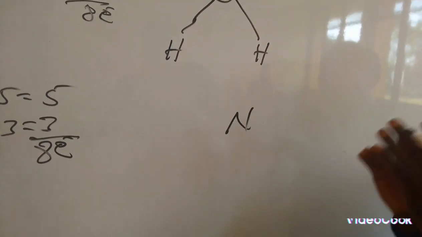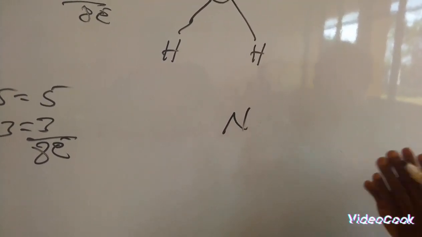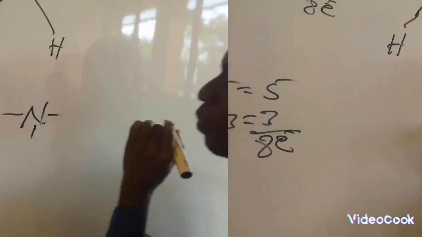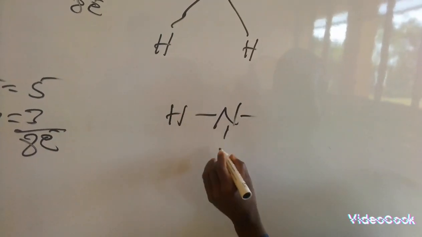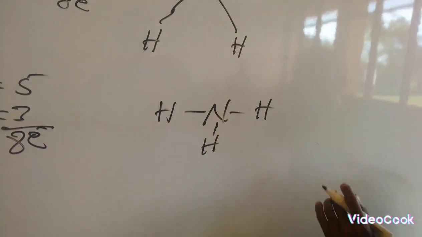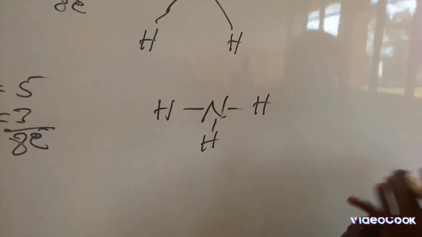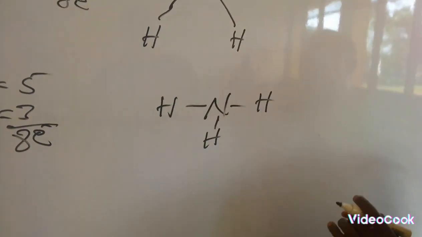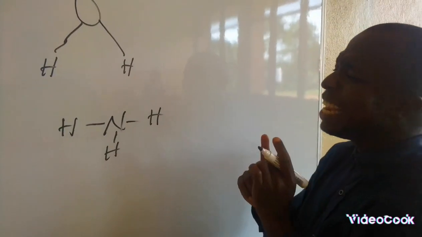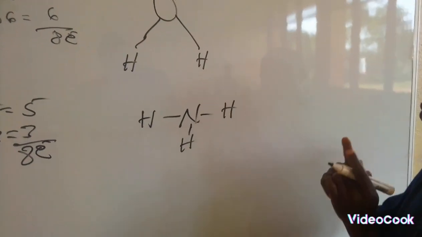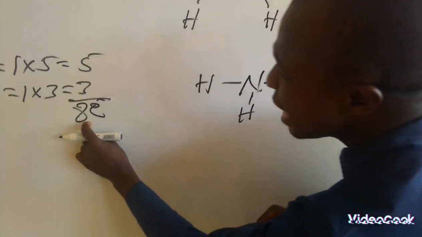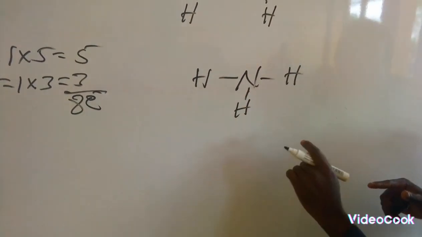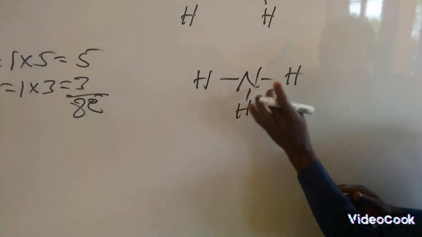Nitrogen has the ability to bond with 3 atoms. So here we put hydrogen, here we put hydrogen, and here we put hydrogen. Since there are 3 hydrogens, we have 1, 2, 3 bonds, and each of those lines represents 2 electrons. So since there are 8 electrons and each of those bonds represents 2, we have 2, 4, 6.